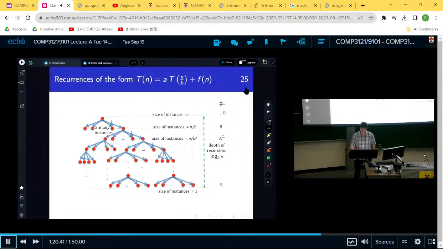So as in quicksort, we'll also be thinking about the sizes at each level.